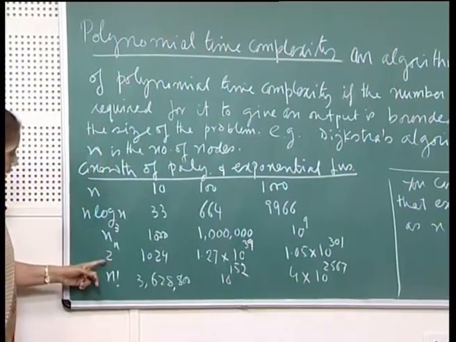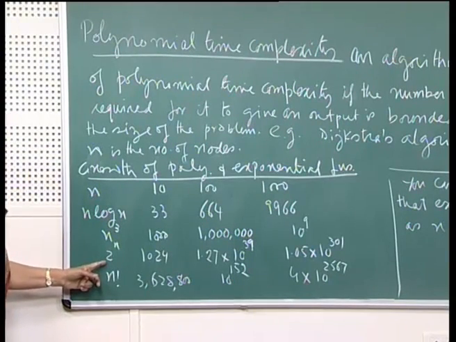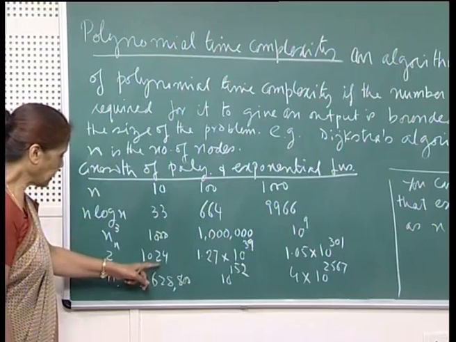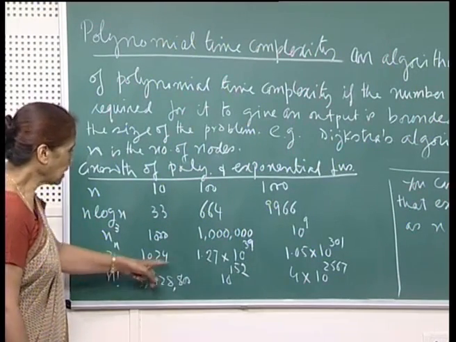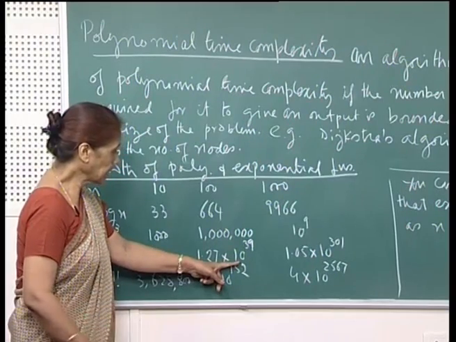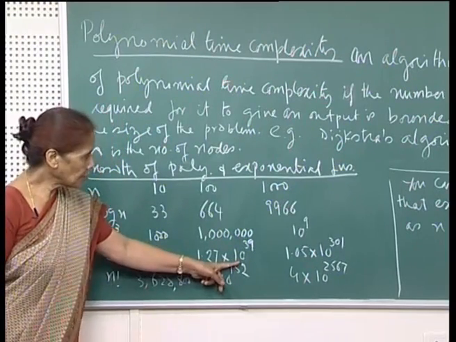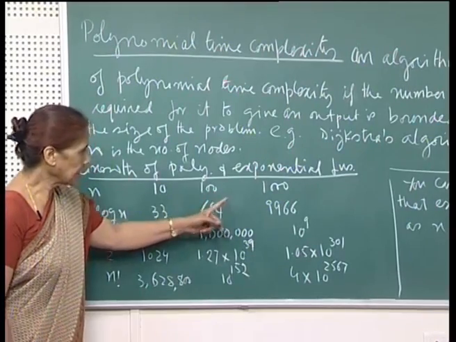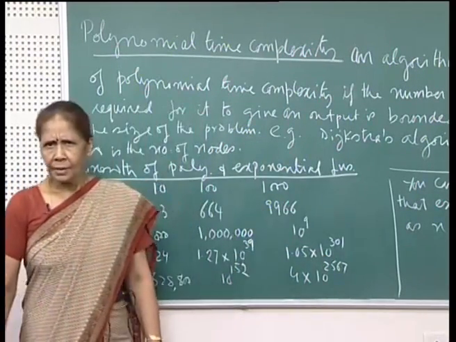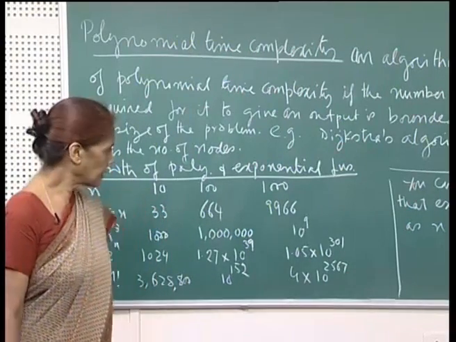But if you look at 2 raised to n, which is an exponential function because n is in the exponent, then for 10 itself this number is 1024, but immediately the number becomes of the order of 10 raised to 39 for n equal to 100, and for n equal to 1000 this is 10 raised to 301, which is a phenomenally big number, right.